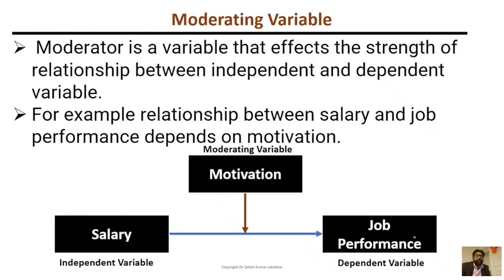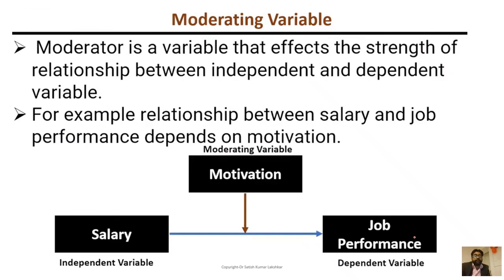Now again, one more example, relationship between salary and job performance. If you want to study the relationship, let us say in this case, the independent variable is salary and the dependent variable is job performance. So we want to study the impact of the independent variable, which is salary, on job performance. Now this could be studied with the help of another variable, which is a moderating variable.